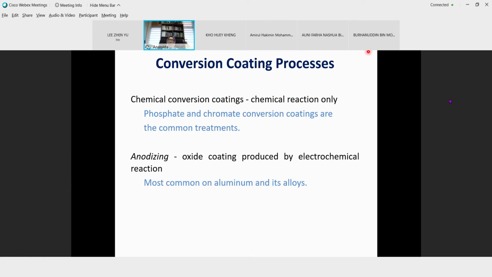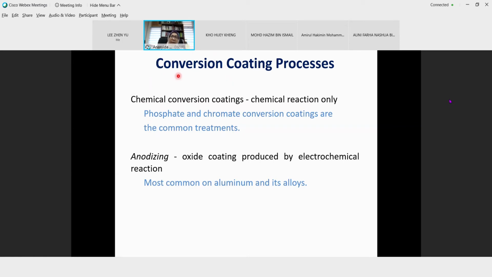Okay, there are two types of conversion coating. One is chemical conversion. This one does not involve any electrical power, meaning that you are immersing in a bath of solution, same as electrolysis coating. This process is for phosphating and chromating. And if you read from the books, sometimes they divide the process, but some of the books combine them.